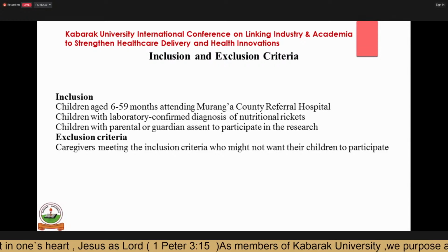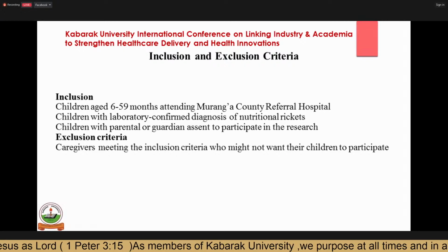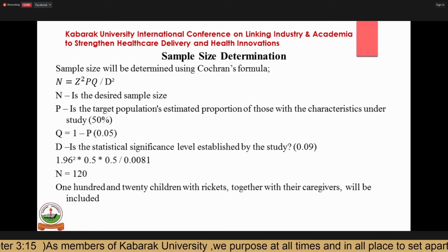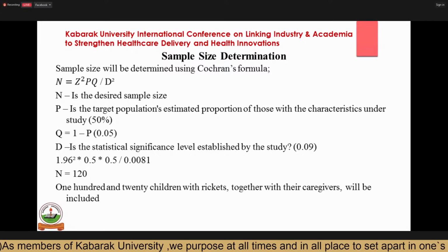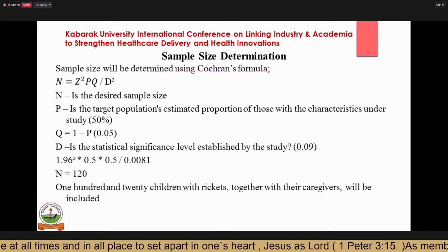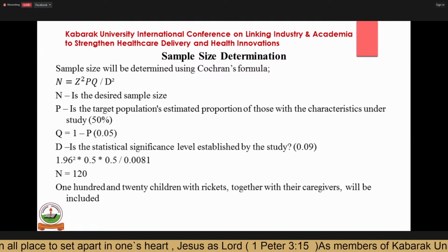And those caregivers meeting the inclusion criteria but who might not want their children to participate will be excluded. Sample size was calculated using Cochrane formula, and this is how I arrived at a sample of 120 children with rickets.